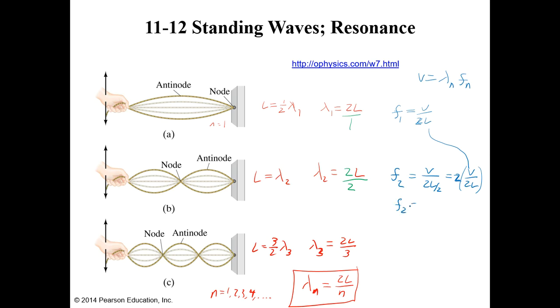So F2 is equal to 2 times my fundamental frequency. If I do the same thing for F3, that's velocity over 2L over 3. Fix the improper fraction, that's 3 times V over 2L. Hey, same thing. F3 equals 3F1. So that tells me that the frequency of my nth harmonic is just n times the fundamental frequency.